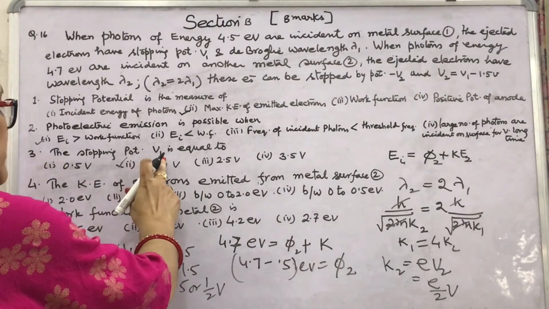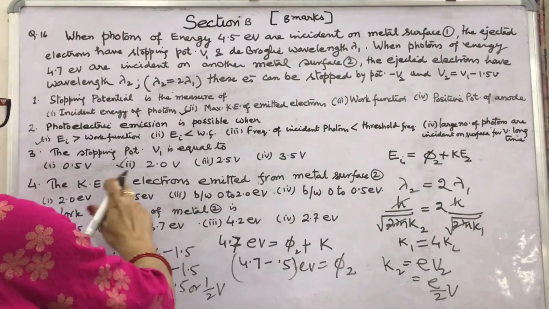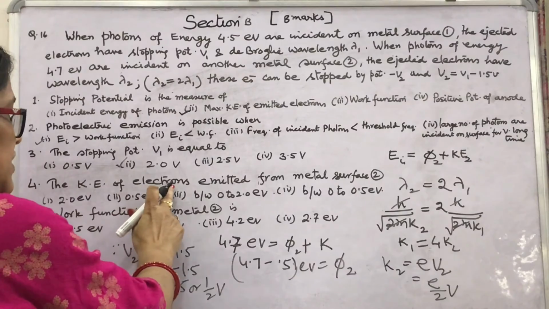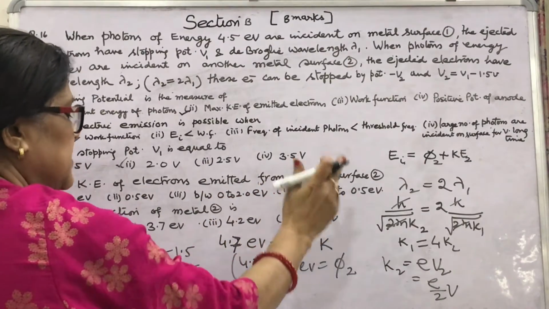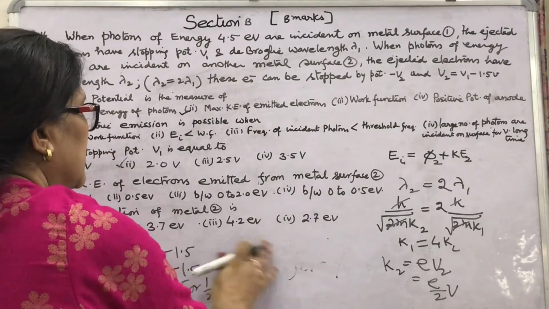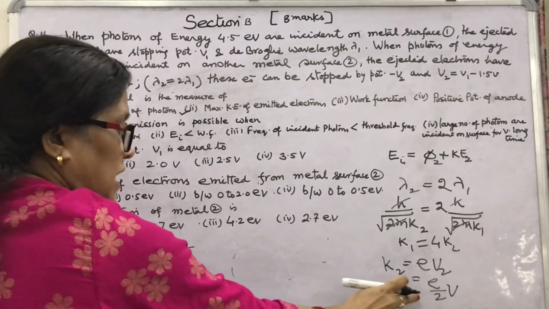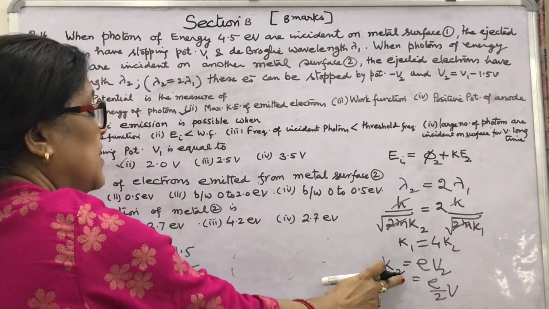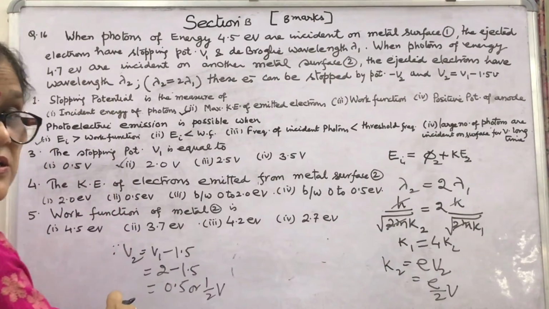Stopping potential V1 equals 2. Now the fourth part, the kinetic energy of electrons emitted from the metal surface. So this is what we have to get. What is the kinetic energy? Half eV. You know this half eV is the maximum kinetic energy.